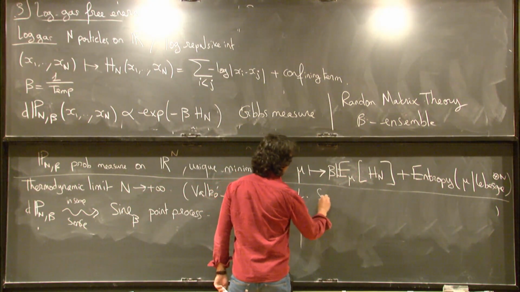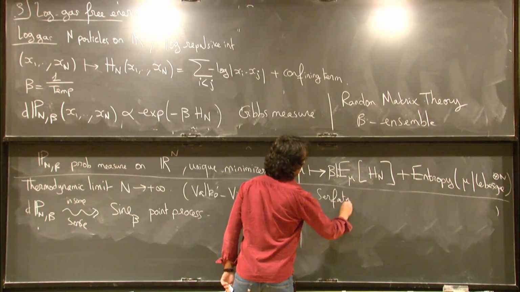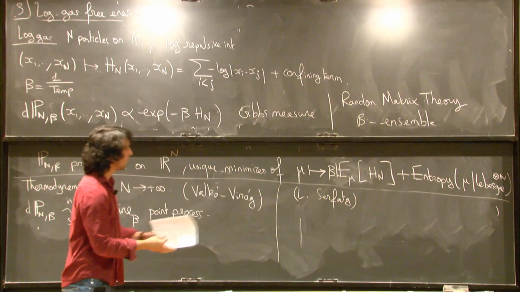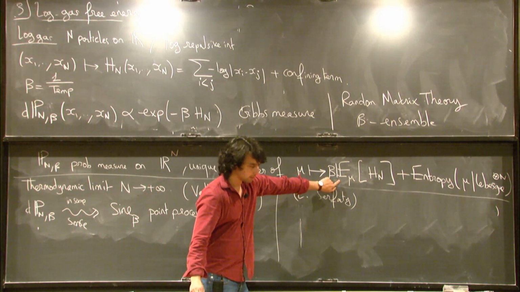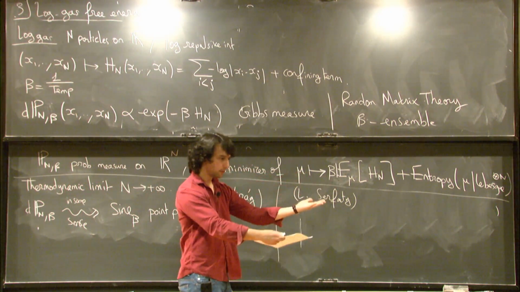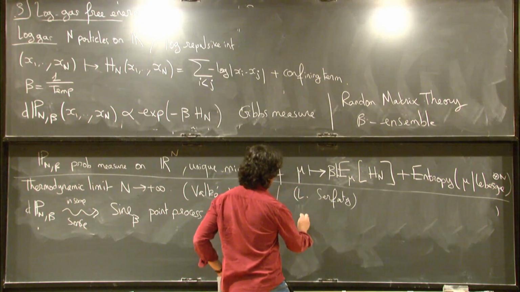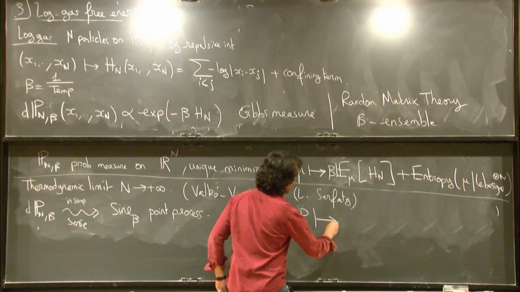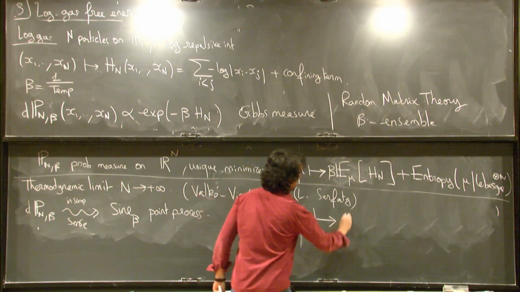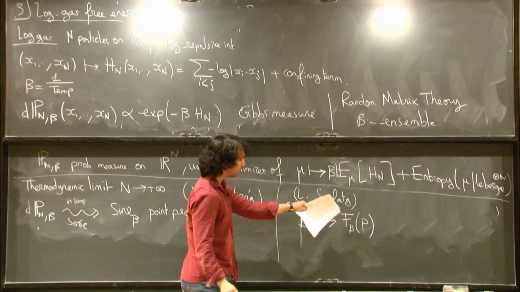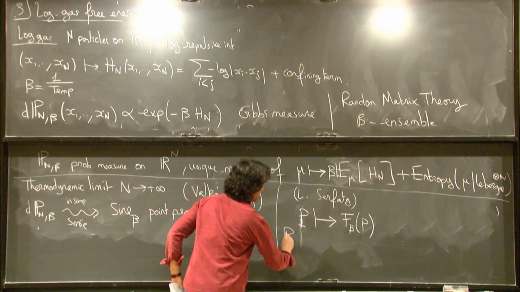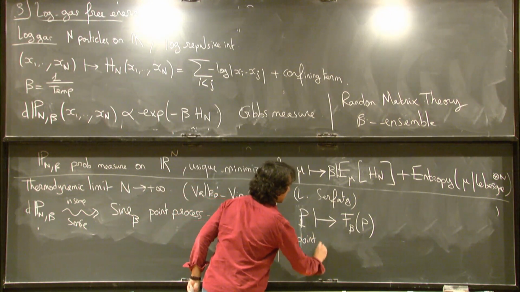And with Sylvia Serfaty, we introduced, in a sense, the equivalent of this variational problem, but in the infinite volume limit. So we introduced some functional that we denote by F_beta of P, where P is a general point process.